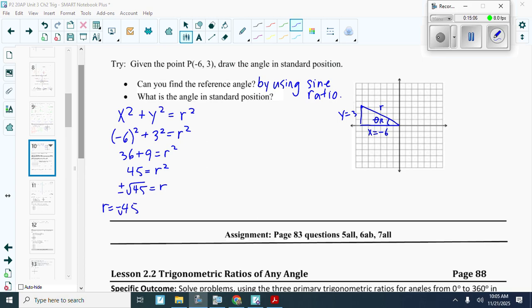So guys, when you do this, yes, you have to show me the extraneous root. Yes, you have to simplify your answer. And then I told you to use sine, which is opposite over hypotenuse.